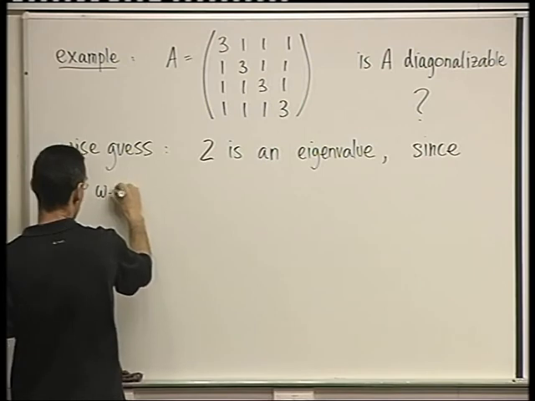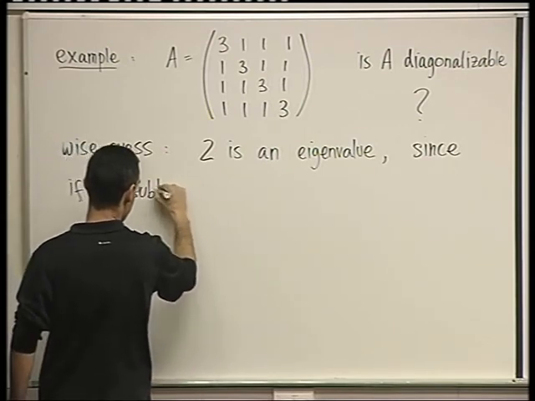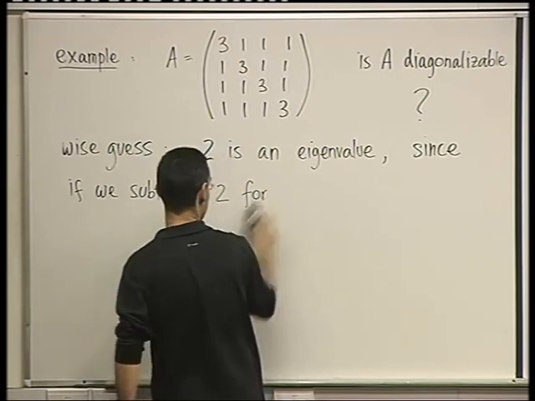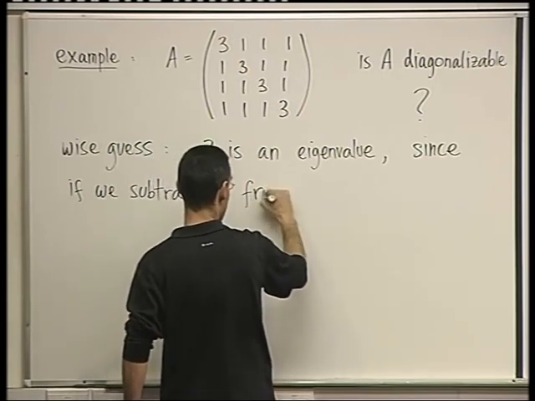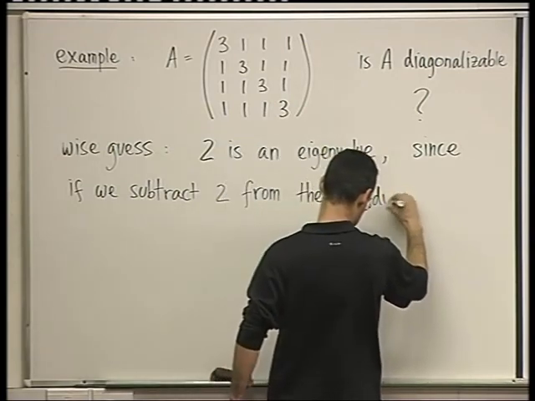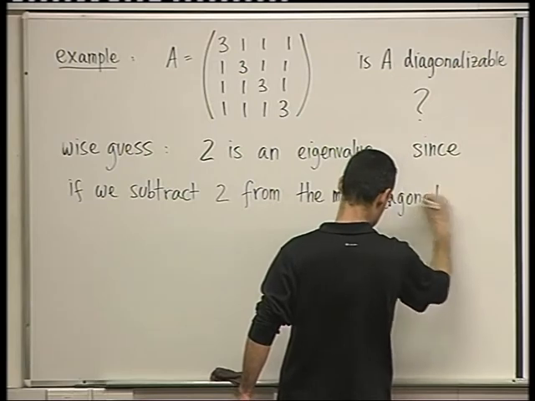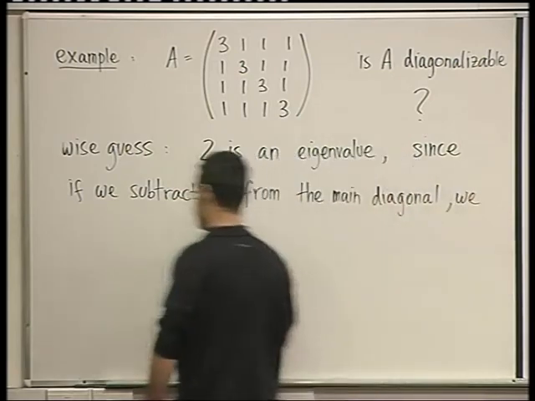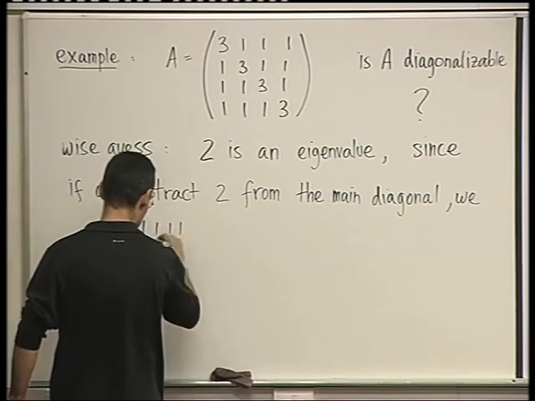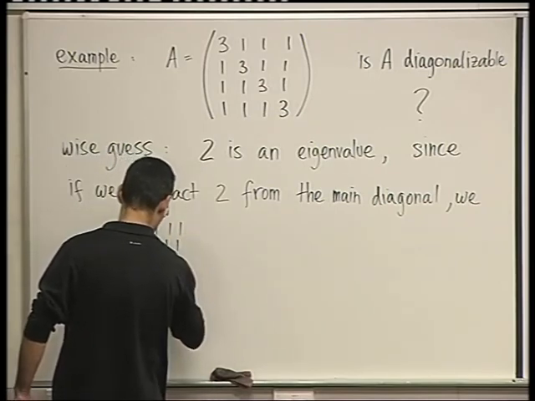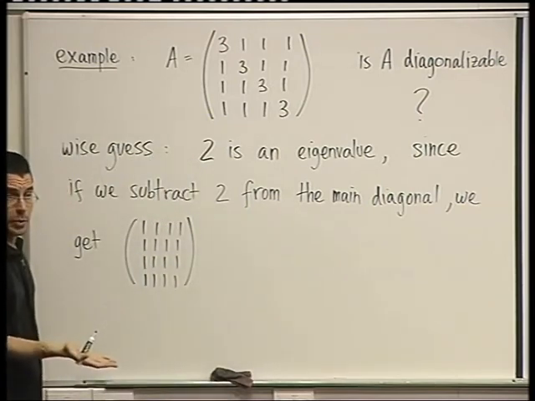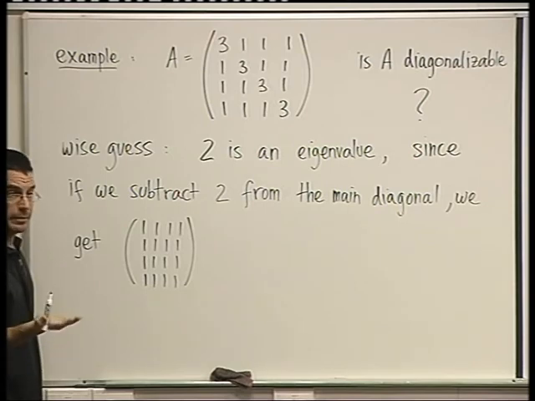if we subtract 2 from the diagonal, we get the matrix of all 1s, whose determinant is 0. Why?